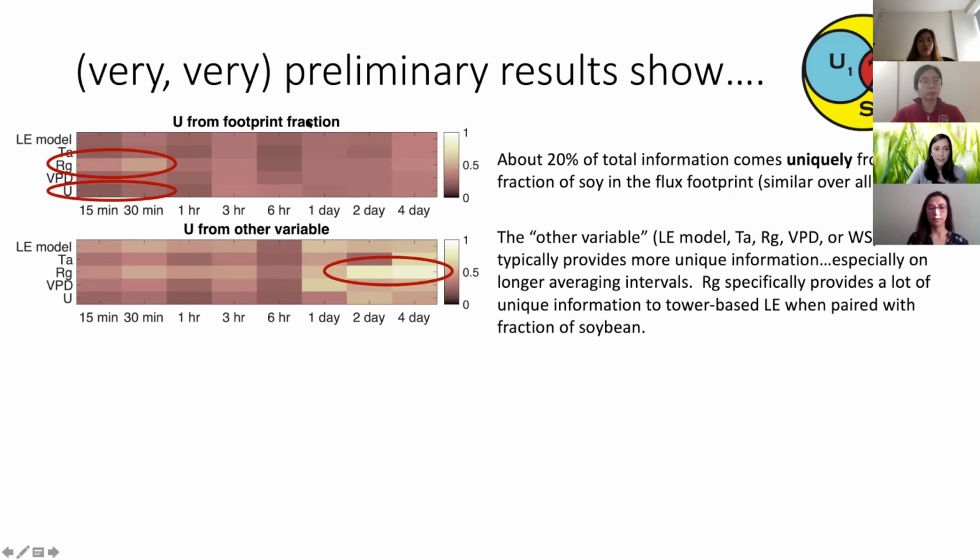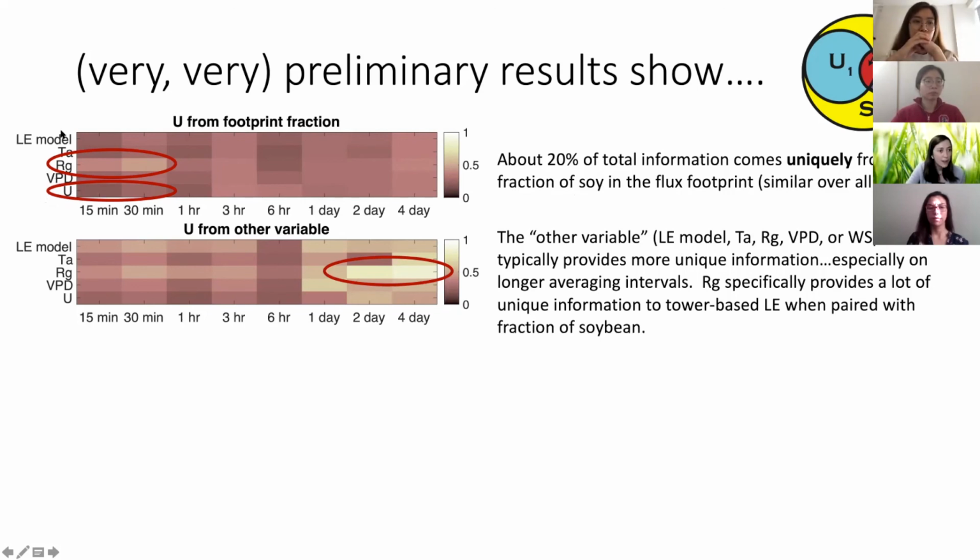So what this tells us is that the spatial variability does indeed provide information to the tower measurement that's particular to that spatial variable. So this is information that doesn't come from any of these other variables.